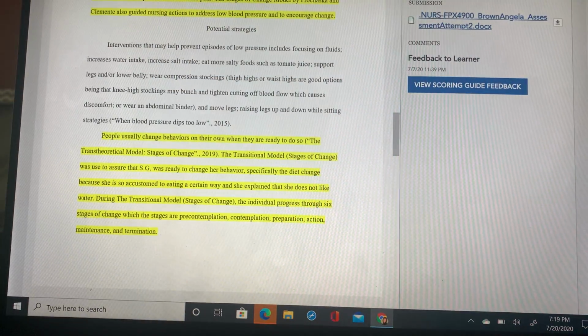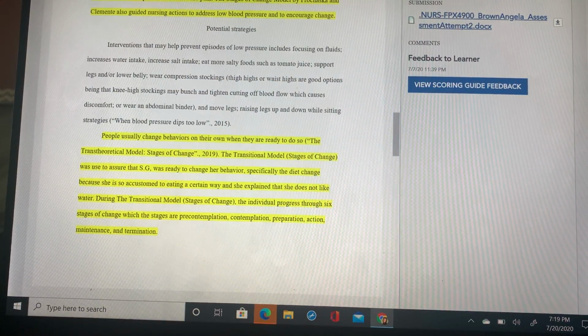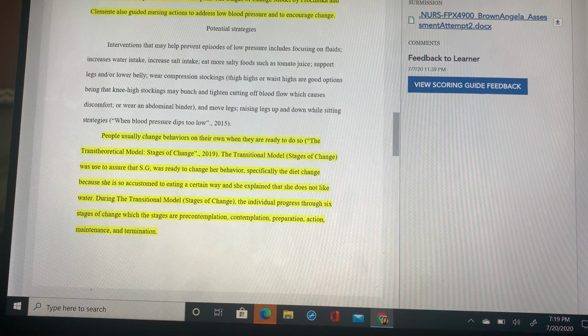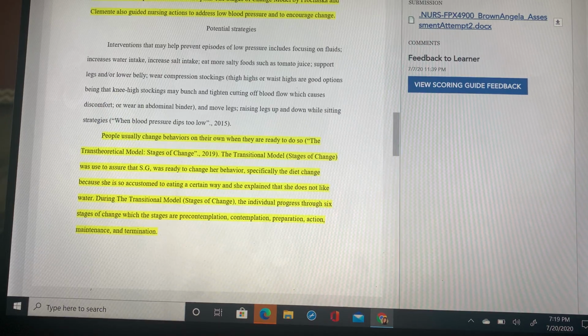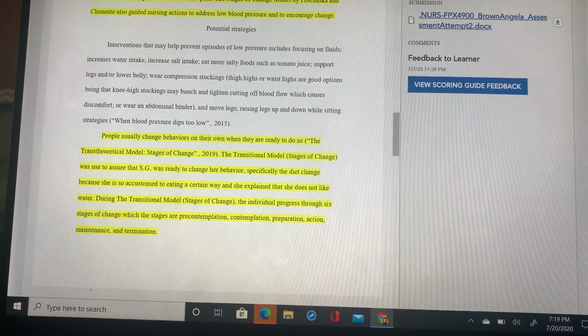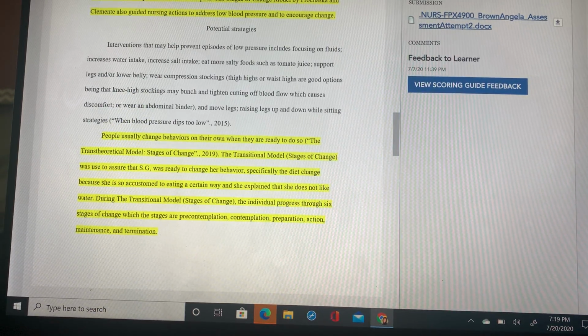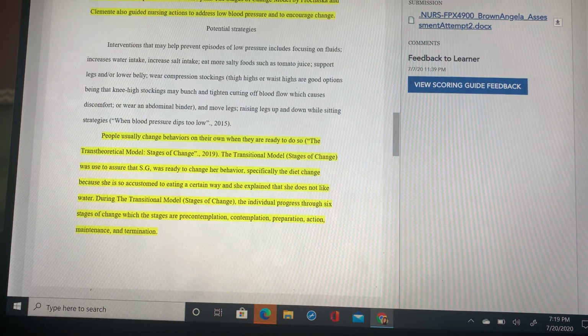Interventions that help prevent episodes of low blood pressure include focusing on fluids, increasing water intake, increasing salt intake, eating more salty foods such as tomato juice, supporting legs and or lower belly, wearing compression stockings, thigh highs or waist highs are good options, being that knee high stockings may bunch up or tighten, cutting off blood flow, which causes discomfort, or wearing an abdominal binder and moving legs, raising legs up and down while sitting.